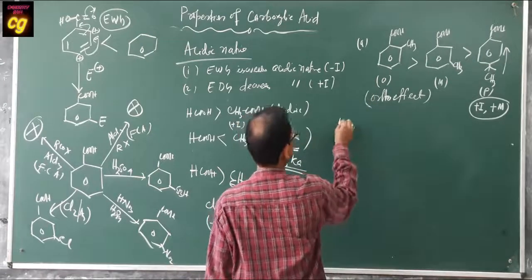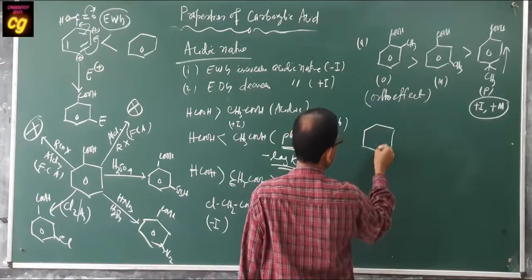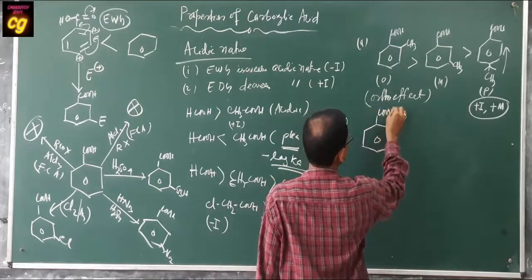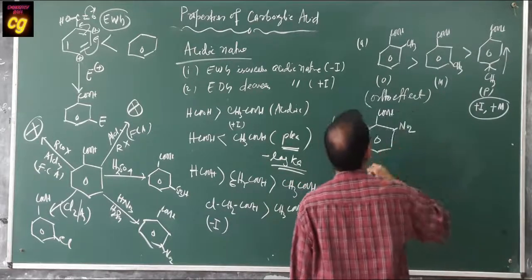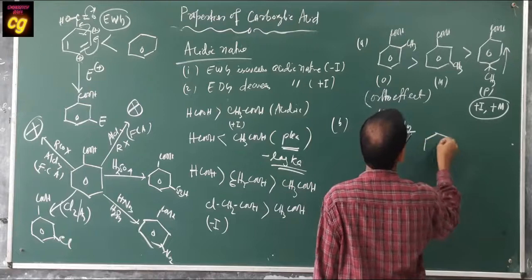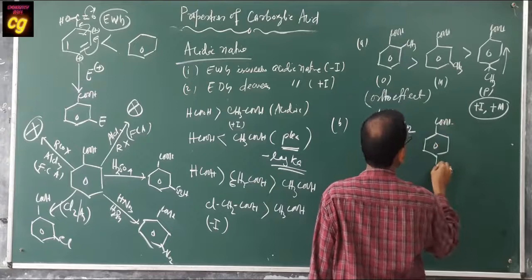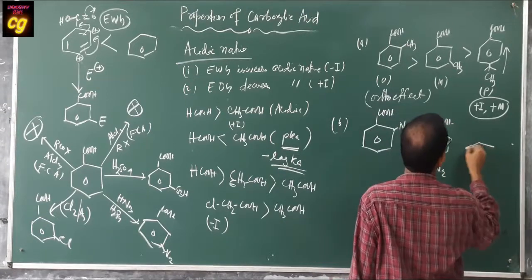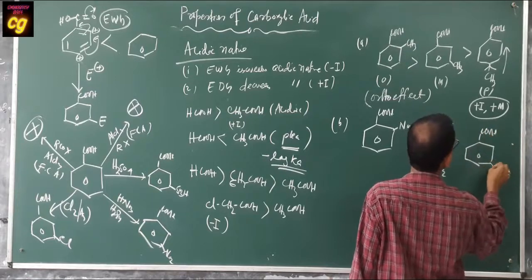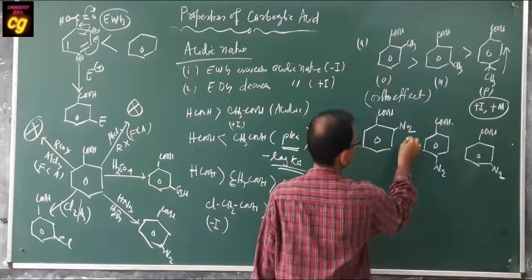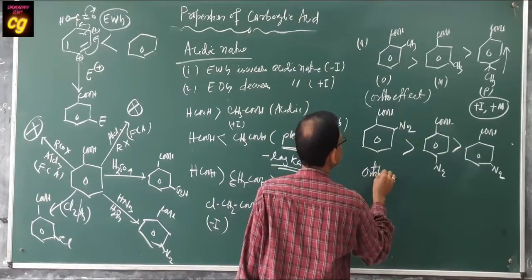Similarly, if you see nitrobenzoic acid, it is the same. If you place the nitro group, the order is ortho, then para, then meta. These are somewhat exceptions.